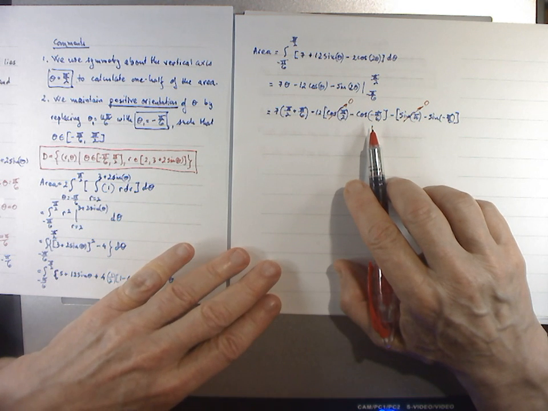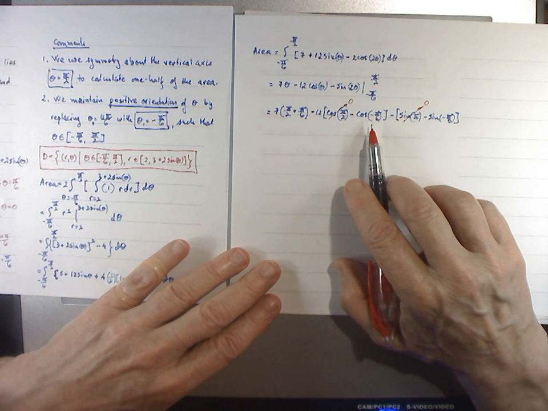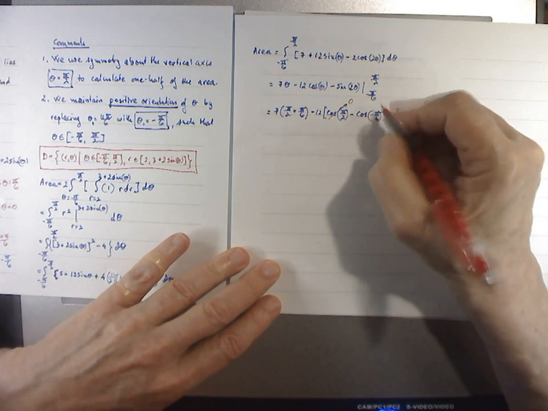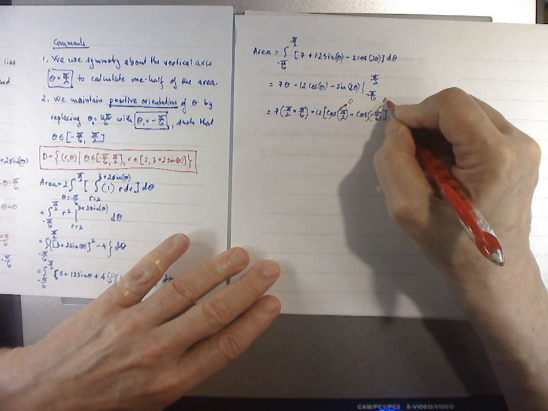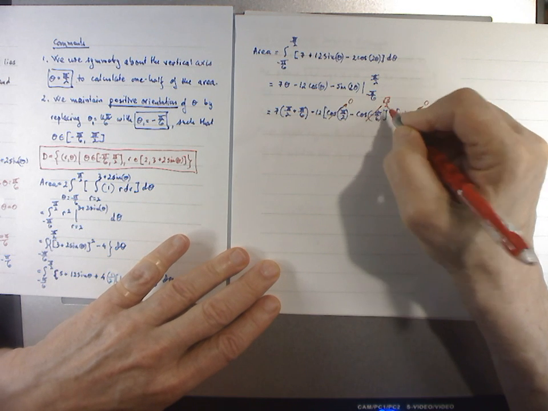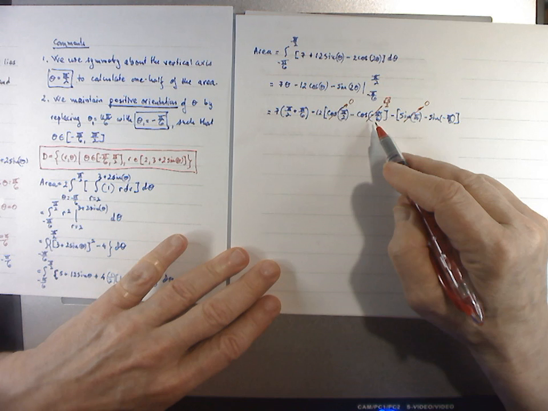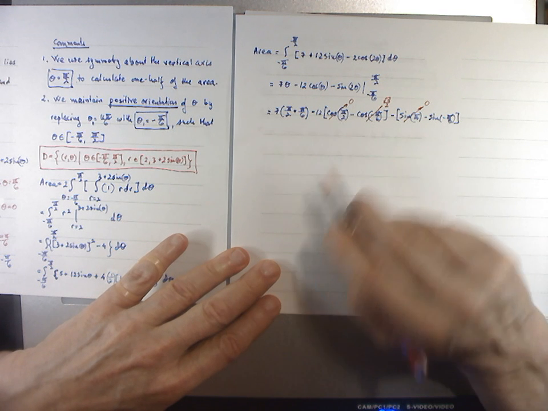So cosine of negative pi over 6 is the same as cosine of positive pi over 6. It's the same as cosine of 30 degrees. In case you forgot, it's square root of 3 over 2. So here we have square root of 3 over 2.